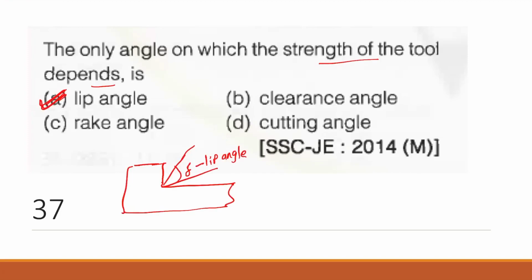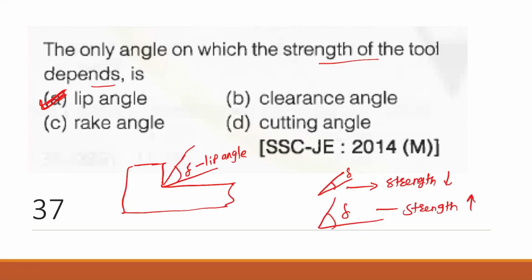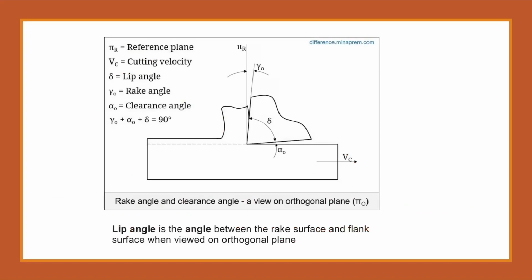If the lip angle is small, like this, then the strength of the tool is low, and if the lip angle is high, the strength of the tool is high. So the strength of the tool depends on lip angle, right? Next question. As you can see here, this is the lip angle, and on this lip angle your strength depends.